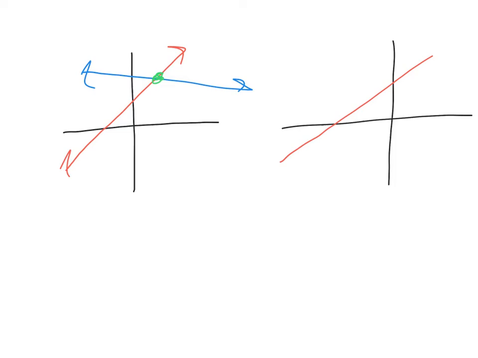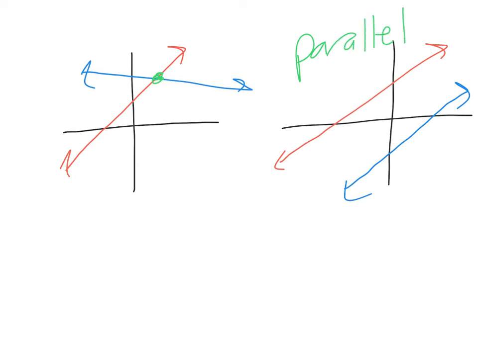If I have a line that goes like this and a line that goes like this, what kind of lines are those? Correct. Those are parallel lines. And if they're parallel, will they ever intersect? No.